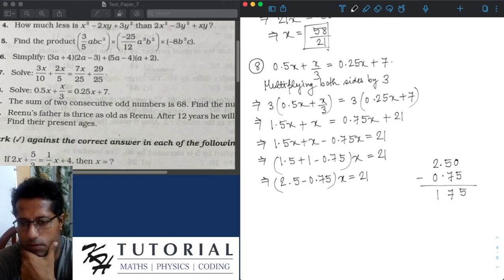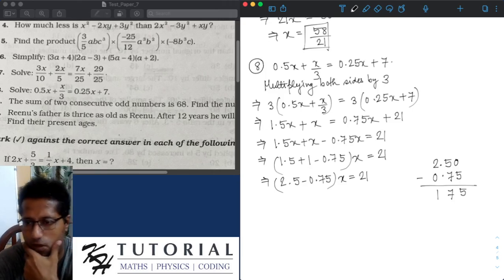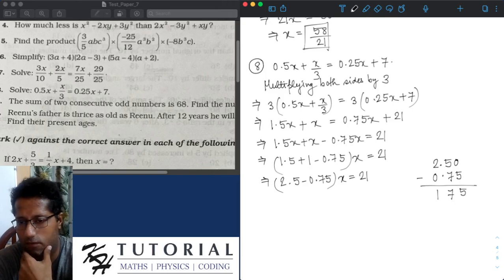So how do we do subtraction of two decimal numbers? We write the larger decimal number first. First we convert the two decimal numbers to like decimal numbers, that is they will have the same number of decimal places. Then we write the larger decimal number, which is 2.50.